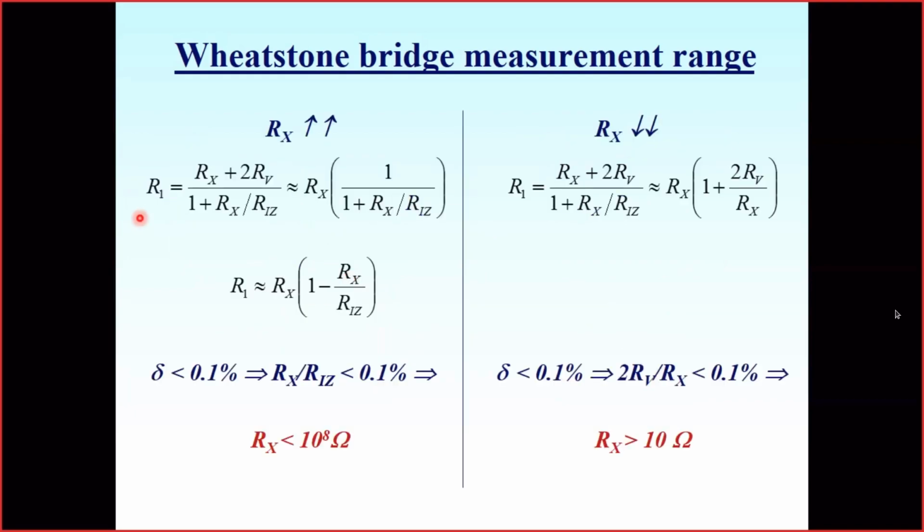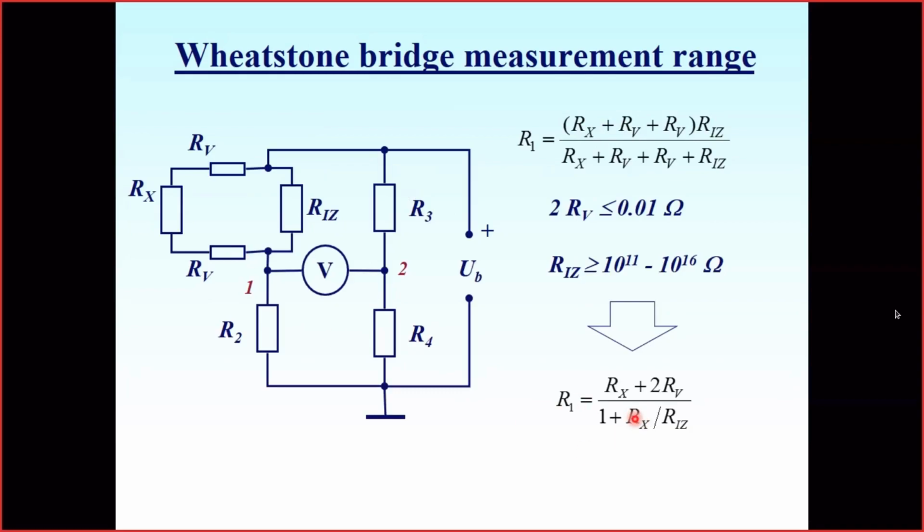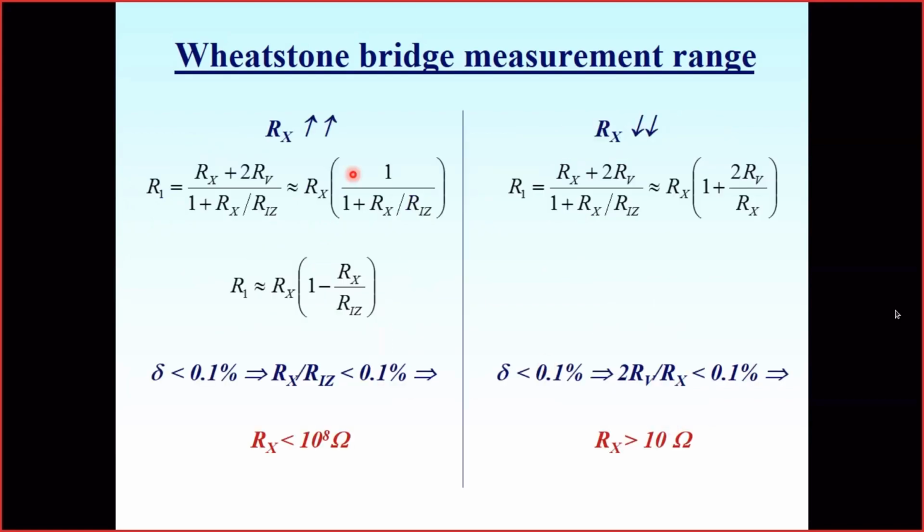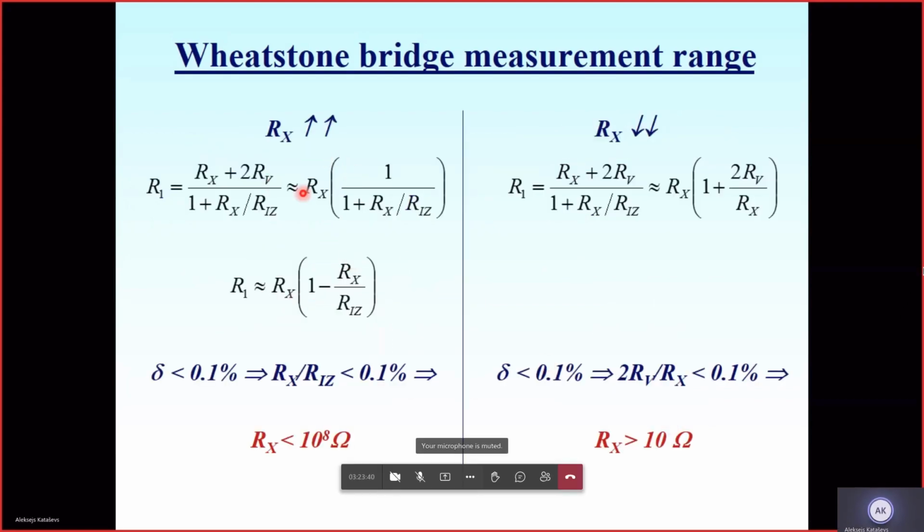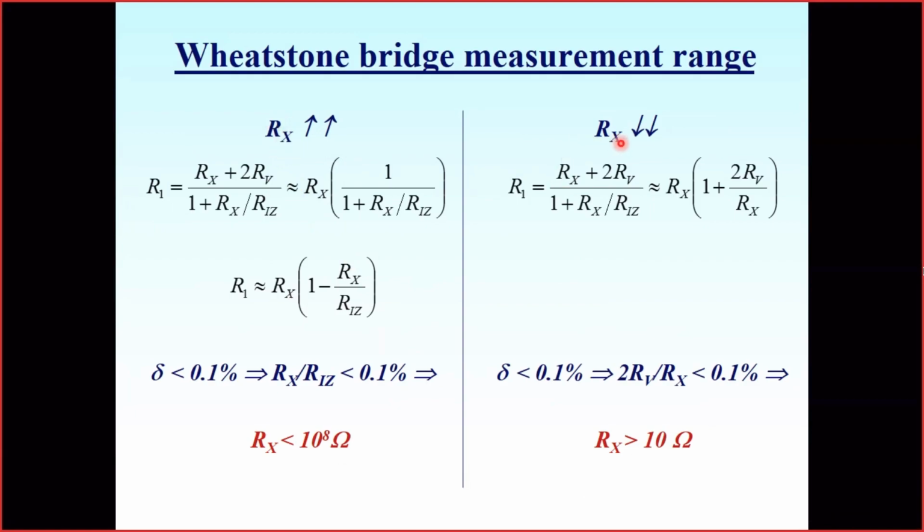Let's consider R1, so Rx plus the resistance of wires, and here are some corrections because we have a non-infinite insulation resistance. Let's consider two cases. One is the case of very big resistances Rx, and the other is the case of very small resistances Rx.